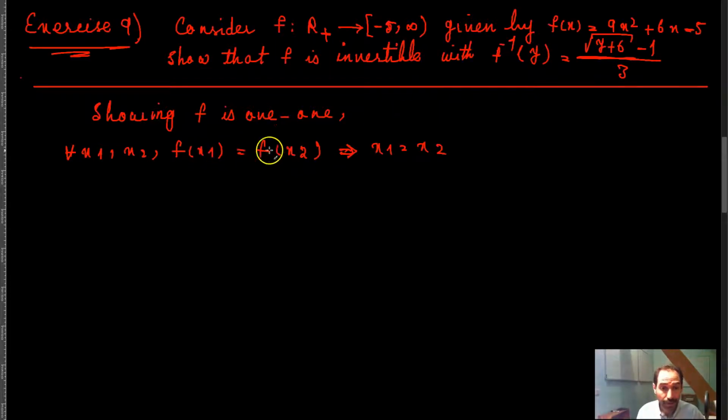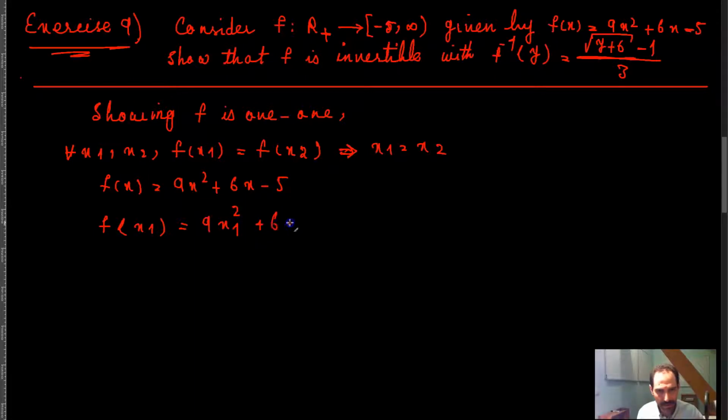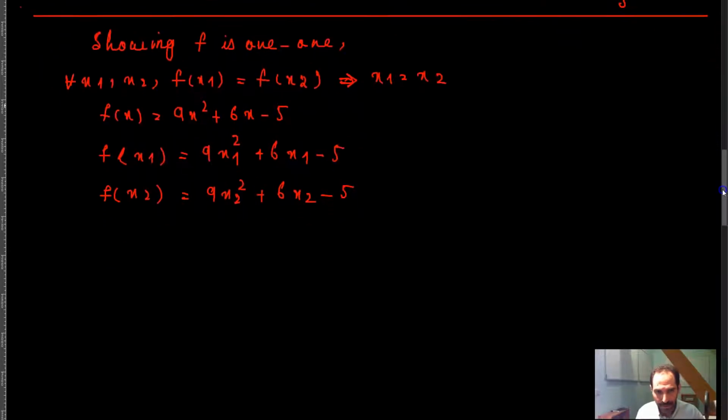So f of x1, you know that f of x is equal to 9x squared plus 6x minus 5, so f of x1 would be 9x1 squared plus 6x1 minus 5, and f of x2 would be equal to 9 times x2 squared plus 6 times x2 minus 5. And now I think that we can actually do this.